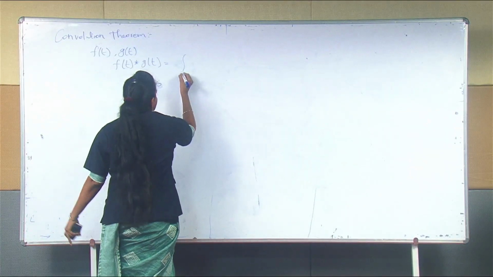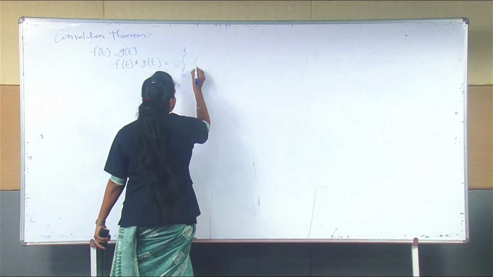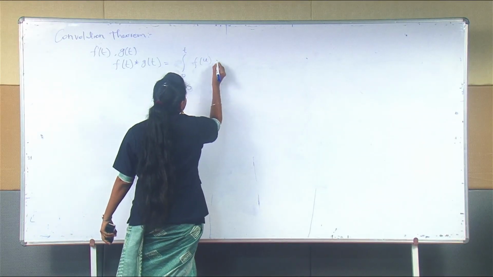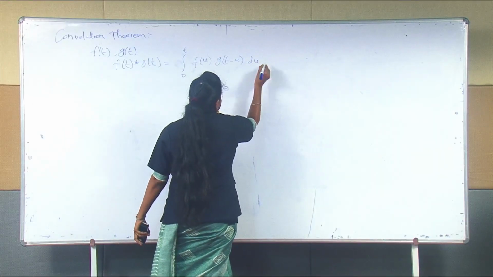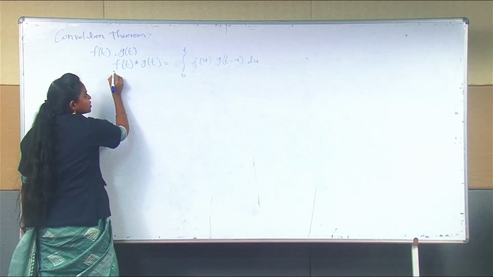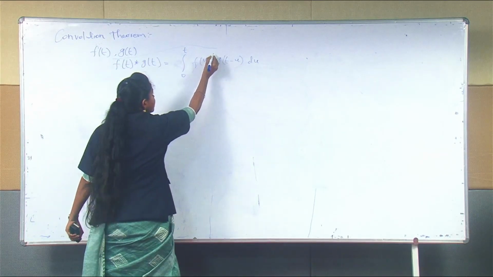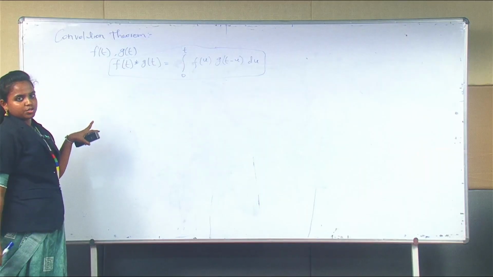It is defined as the integration from 0 to t of f of u into g of t minus u du. This is the formula for the convolution.